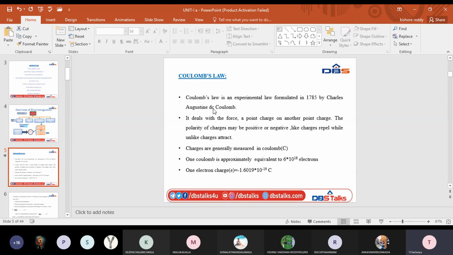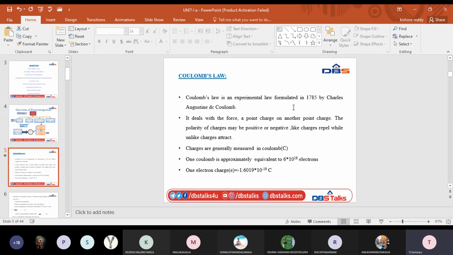It is a law discovered by Charles Augustin de Coulomb, and it was found in 1785, and it deals with the force.